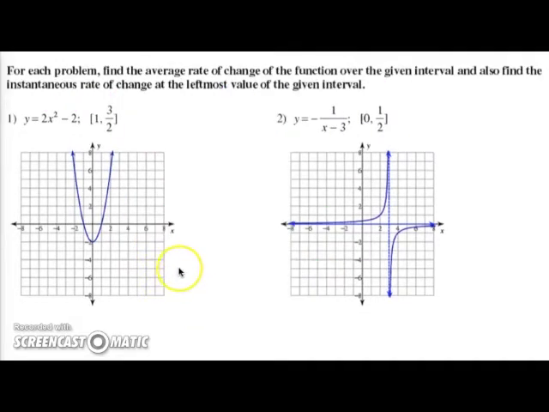All right, so before I show you how to calculate the average rate of change from 1 to 3 halves, or 1.5, now I'm going to show you how to calculate the instantaneous rate of change at the leftmost value. By leftmost value, I mean this value right here, at 1.